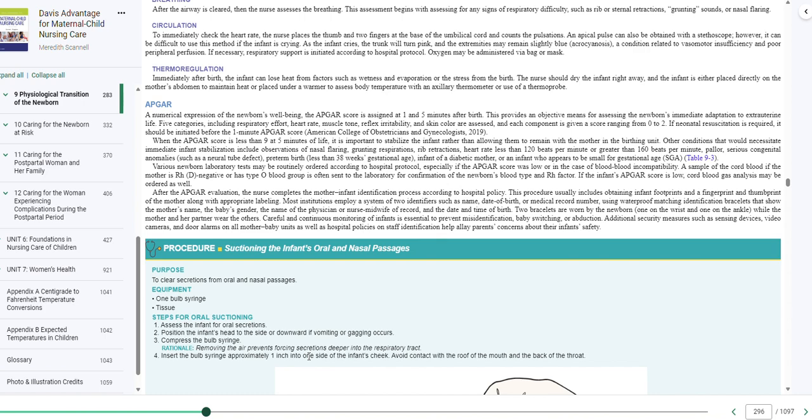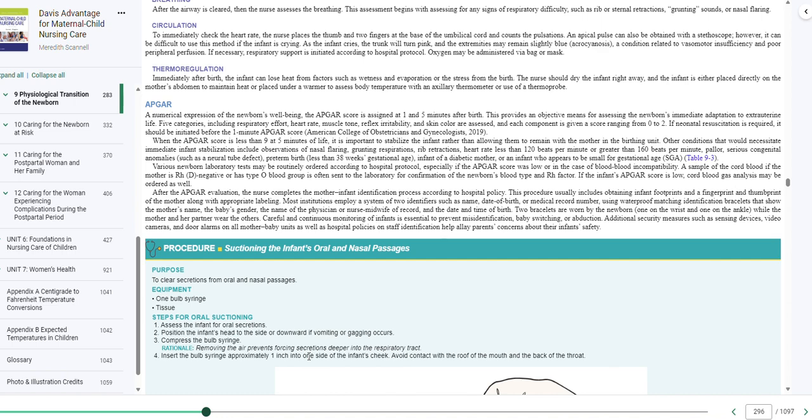There's respiratory efforts, muscle tone, reflex irritability, and skin color, okay? They get a score of 0, 1, or 2 for each of those categories. So the best of the best would be 10. The worst of the worst would be 0, okay? We never want a 0, all right?